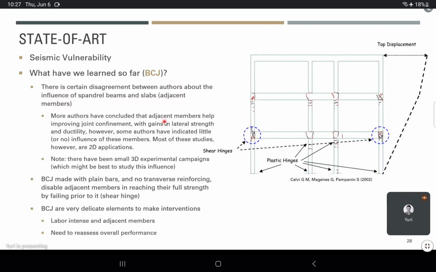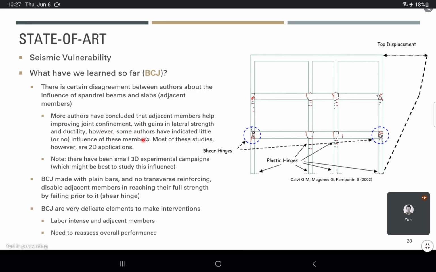There is a certain disagreement among researchers about adjacent members, like transverse beams, what we call spandrel beams, and slabs. Most authors say that these adjacent members can actually increase strength due to confinement. However, some other authors were not really sure about this, and little evidence has been found.